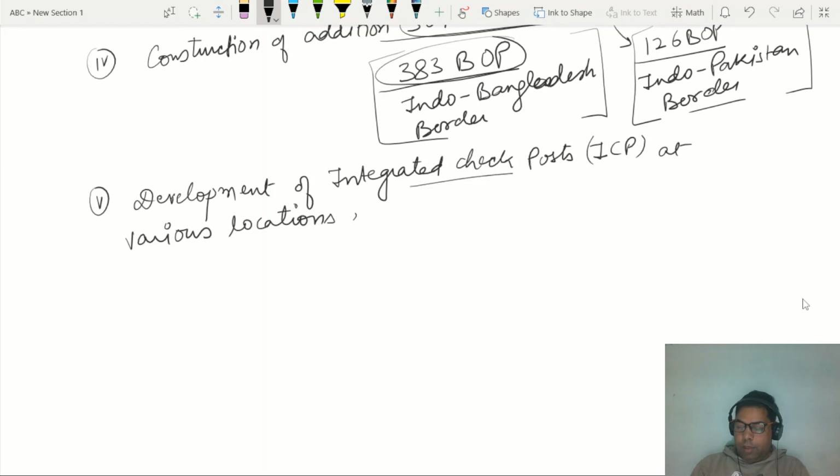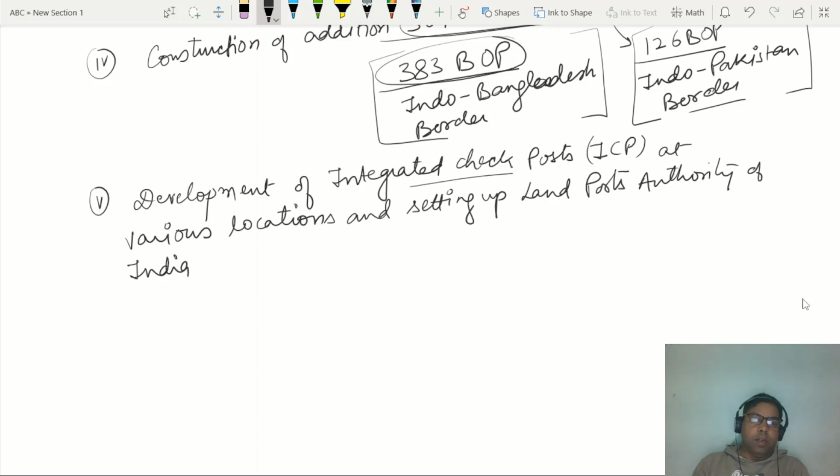There is also the setting up of the Land Ports Authority of India, which is to be set up at all ports where commercial operation of ships or vessels takes place.